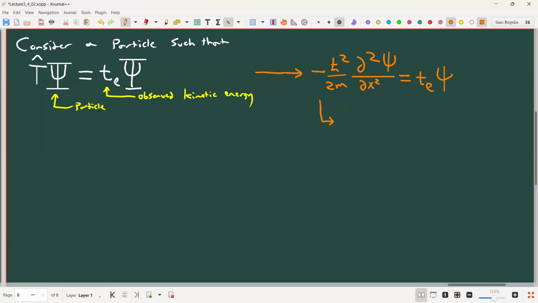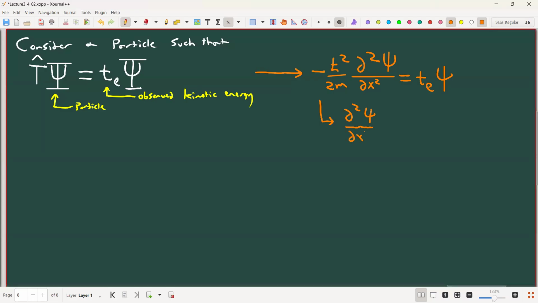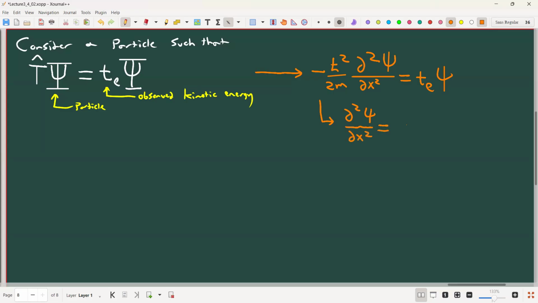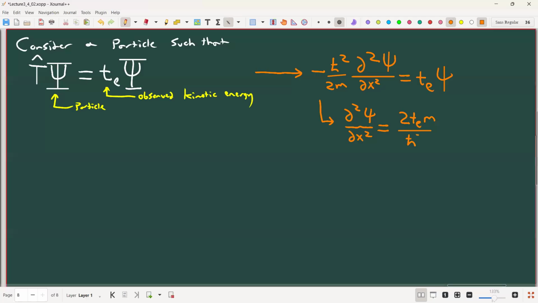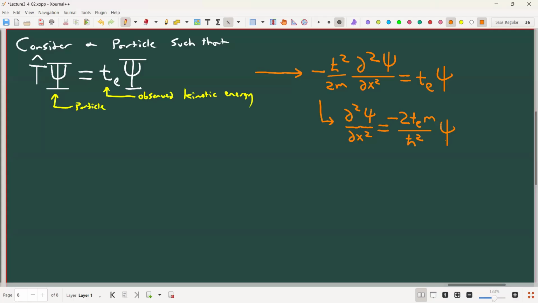I could write this as the second derivative of the wave function with respect to position is minus 2 times the energy times the mass over h bar squared, times psi. So whatever function satisfies this expression, which is a valid wave function for our system, satisfies the property that when you take the second derivative of it, you get the same wave function back times some numbers.